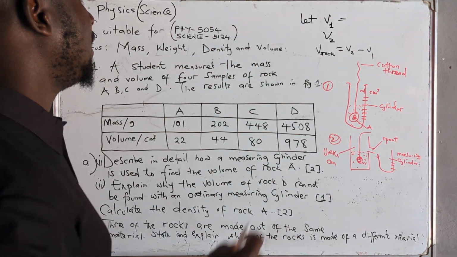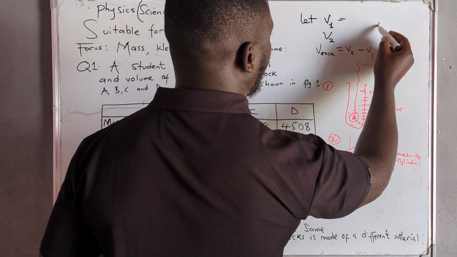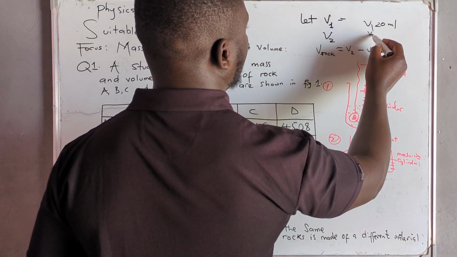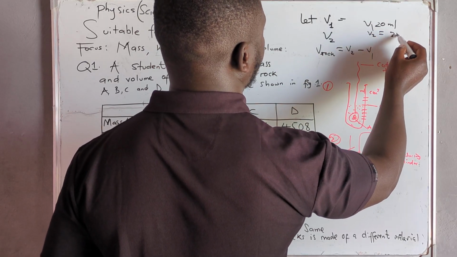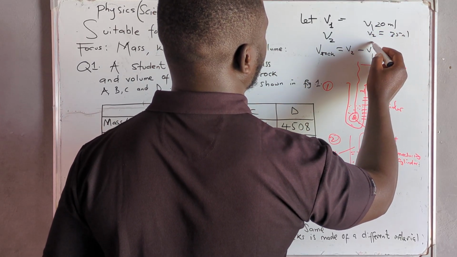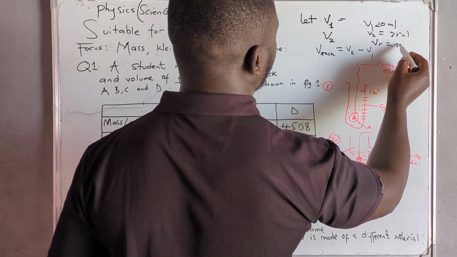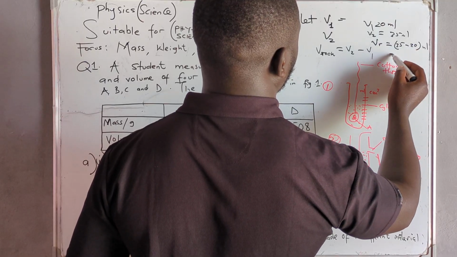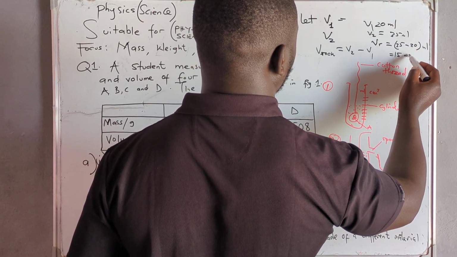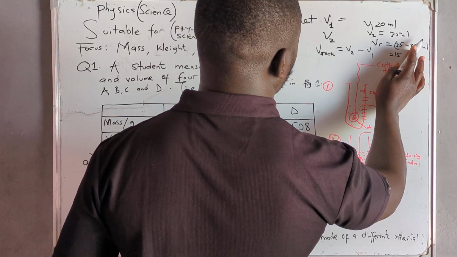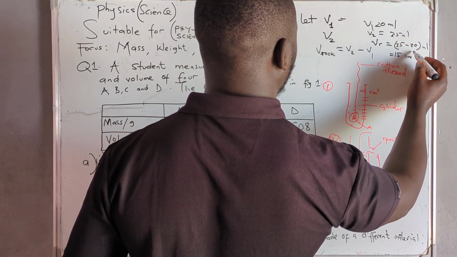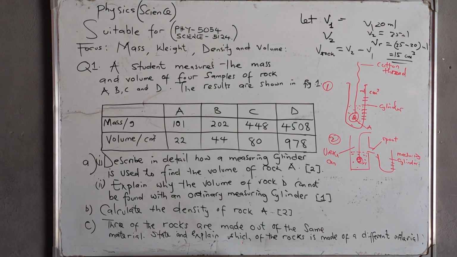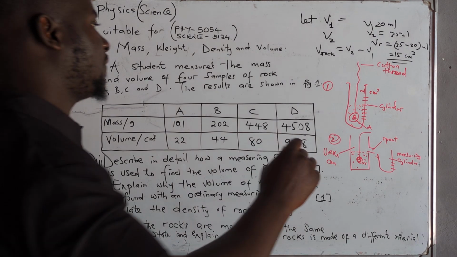For example, if your V1 was 20 mils and your V2 is now 35 mils, the volume of your rock is 35 minus 20, which is 15 mils. This is the volume of a solid, and that is your answer.